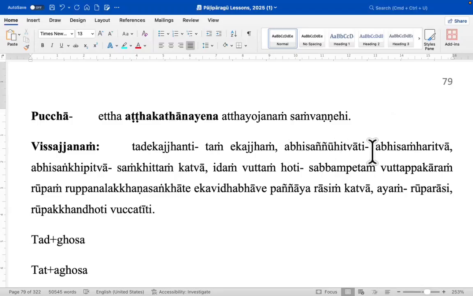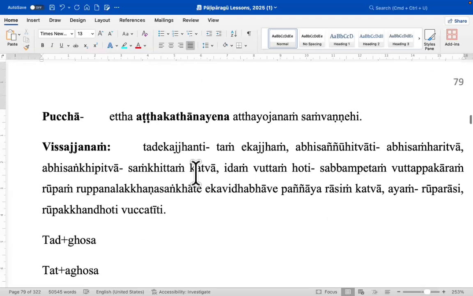So Ikajam, this is translation. Bisinyu Haitawa is Santussita, Bisan Haritawa is the translation, Samanana. So Bisinyu Haitawa, the root is strange.